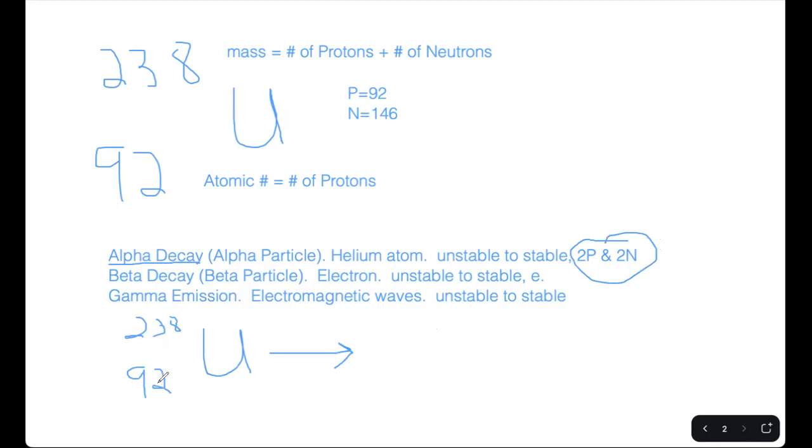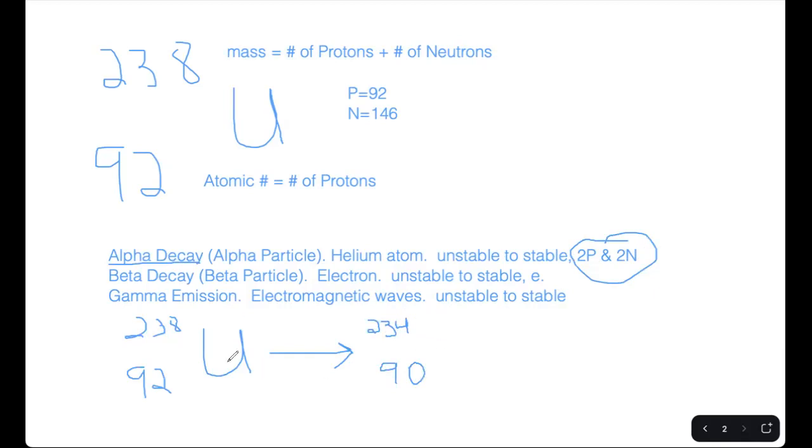So my number of protons is now 90, and the mass has decreased by 4 because there are 4 things. So my new mass is going to be 234.